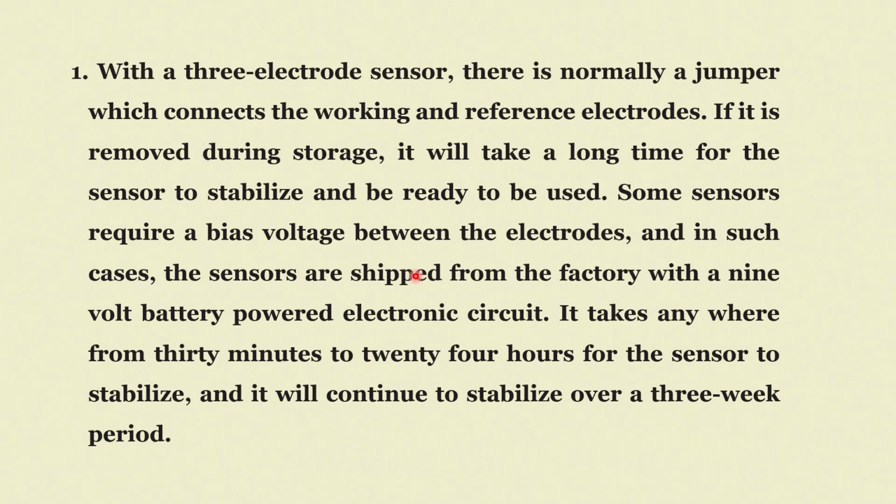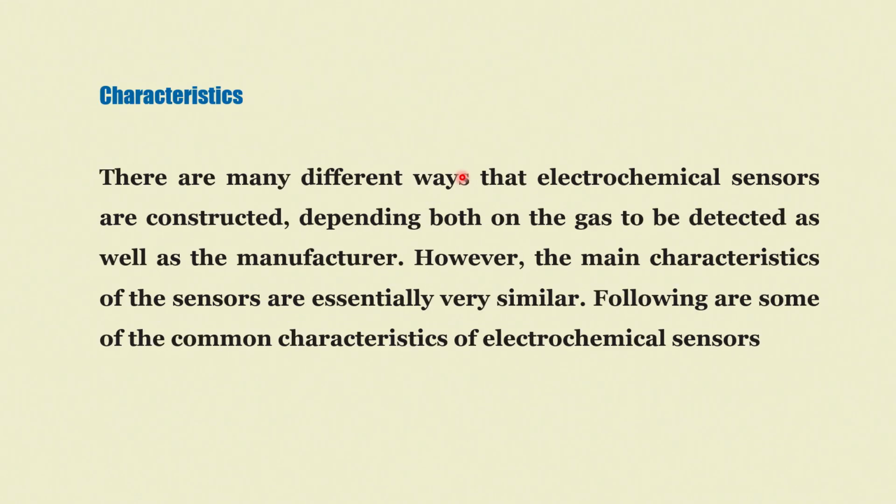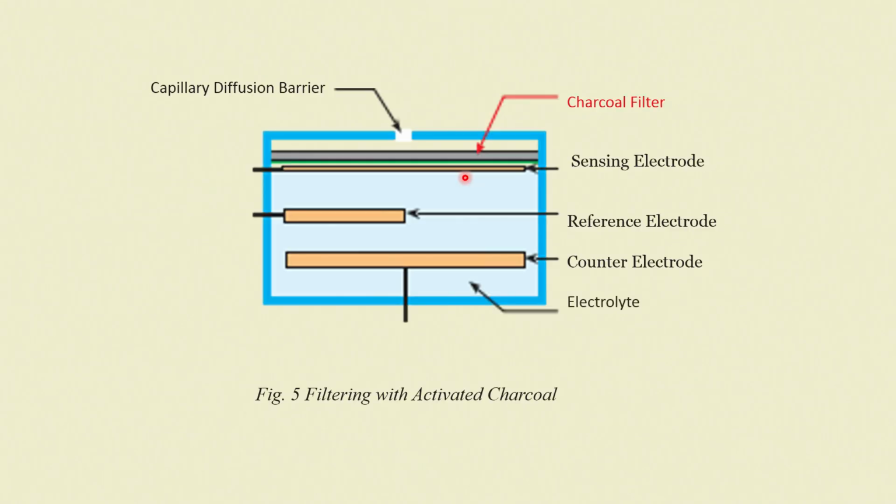For example, every sensor will have a 3 electrode system. So, there is normally a jumper which connects the working and reference electrodes. I should go back to show you what is a jumper, and let me try. So, here you can see a jumper, a small connection you will see in this area.